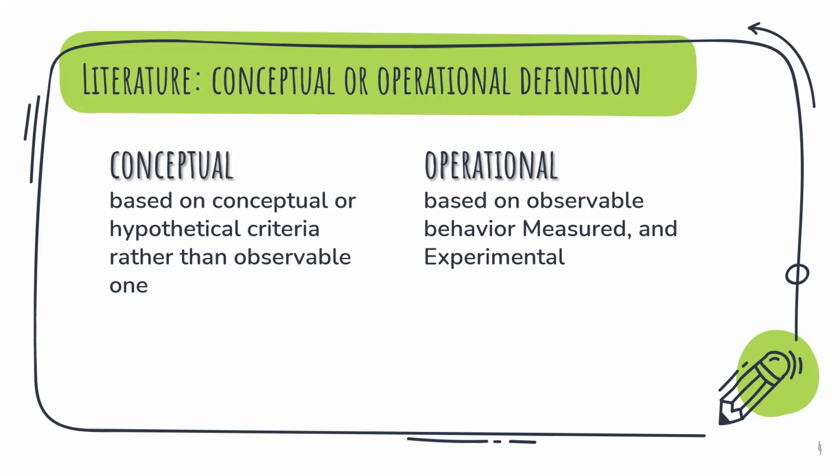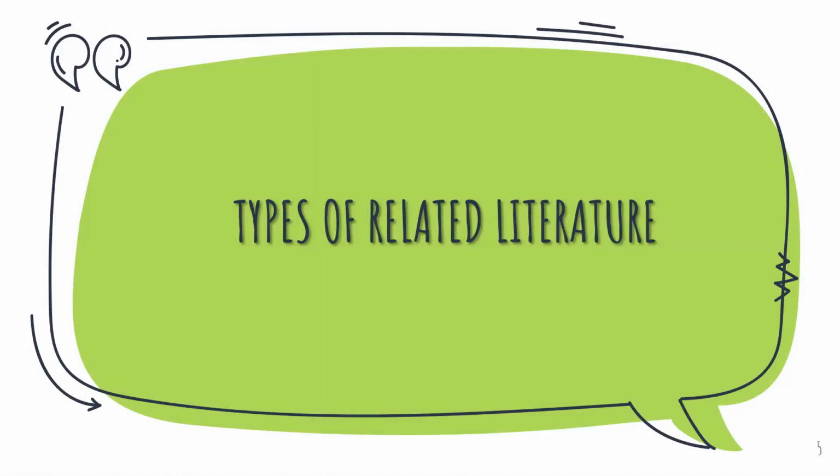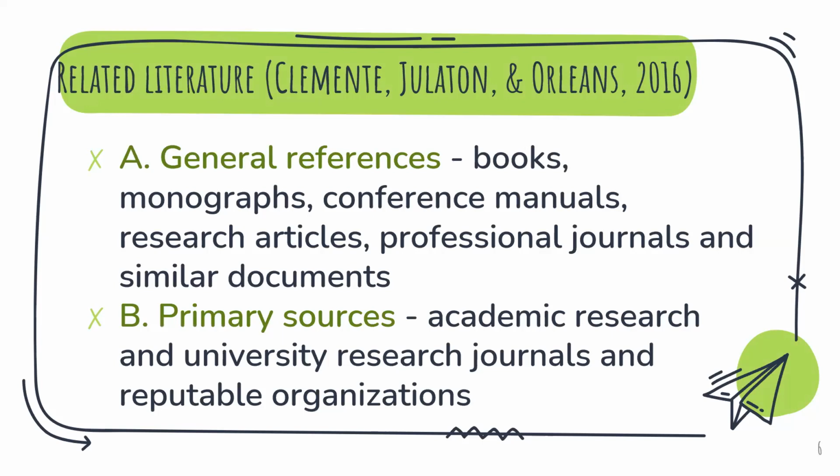Okay, now let's proceed. There are different types of related literature, for example, the book that you get. First is a general reference book. These books are monographs, conference manuals, research articles, professional journals, and similar documents.